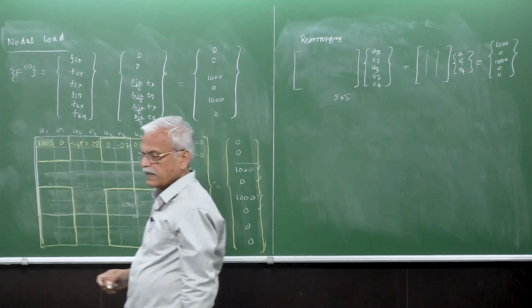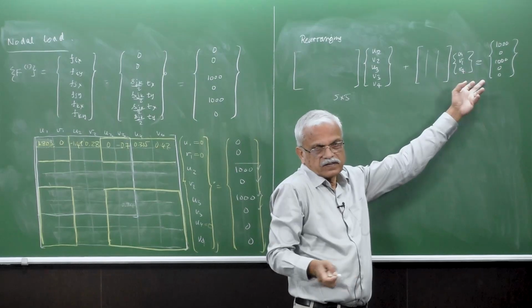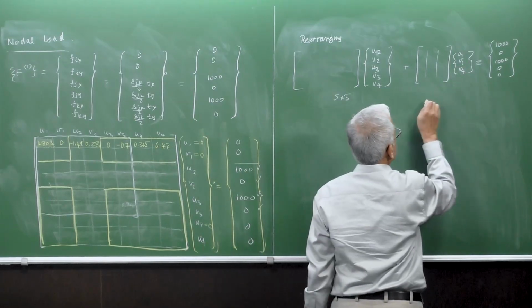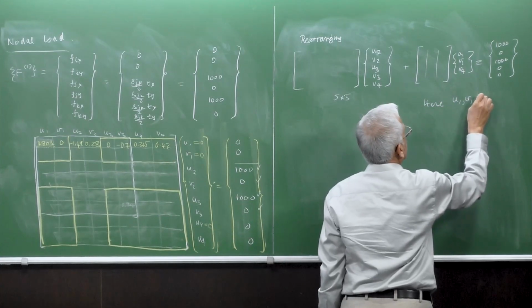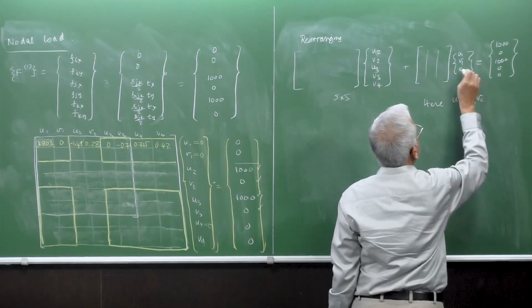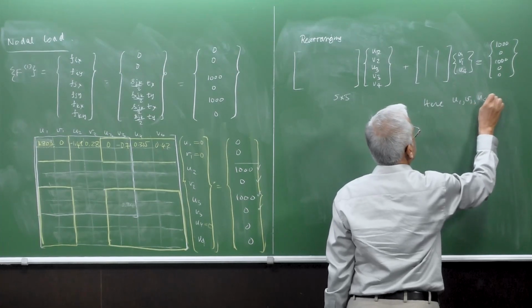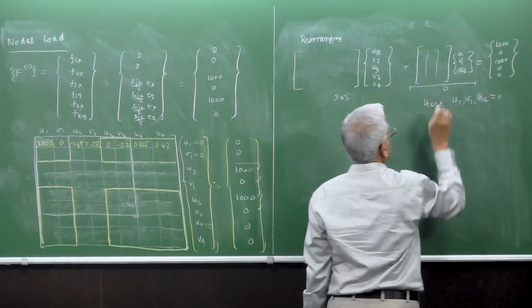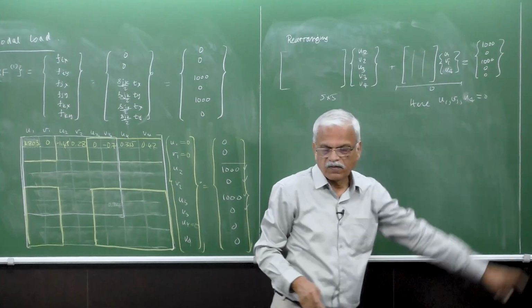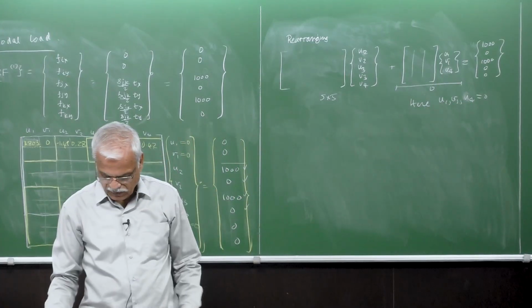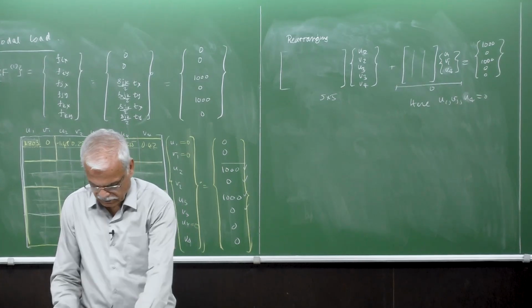Why I put them there is that these displacement boundary conditions, u1, v1 and u4, are 0 in this problem, so this contribution drops down to 0. Essentially you will have this 5 by 5 matrix together with these 5 nodal forces, and then you can solve for them.